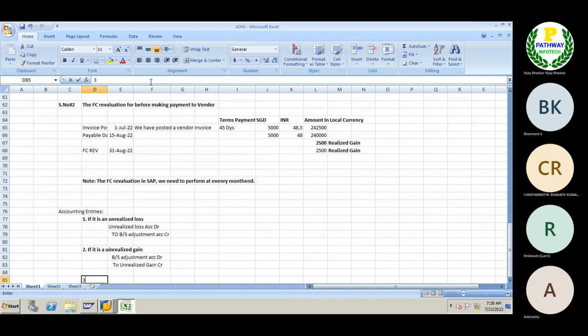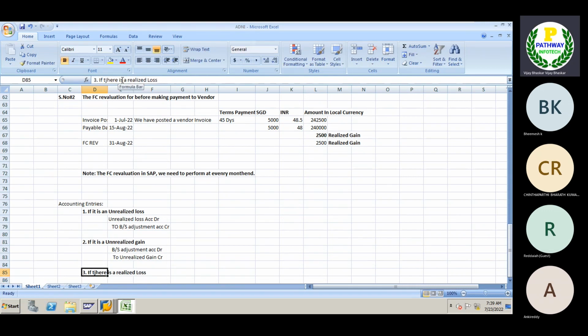Remember, unrealized means before making the payment. Now scenario number 3: if there is a realized loss, what is the accounting entry?